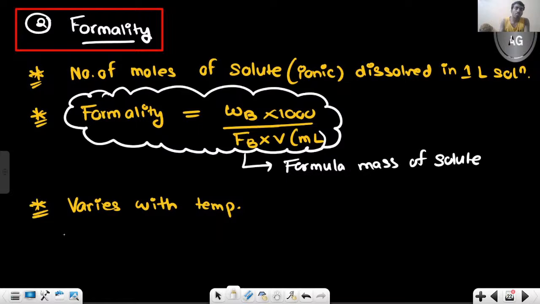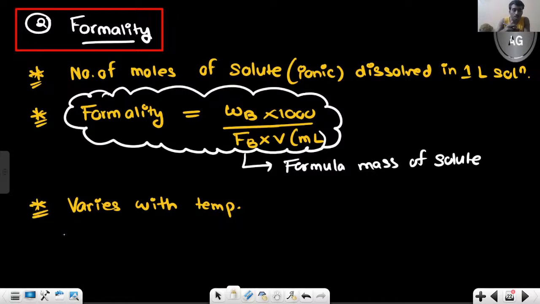Next, formality and molarity are the same thing. No changes are there. The only change is that instead of molecular mass or molar mass we write formula mass. Why? Because ionic compounds are arranged in a specific fashion called a lattice, so we cannot tell the molar mass like that.